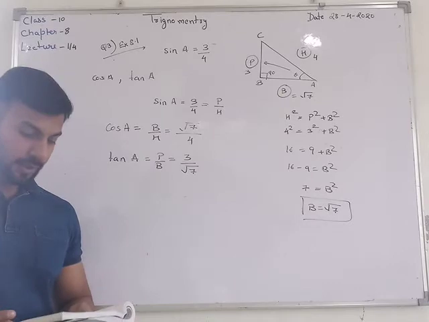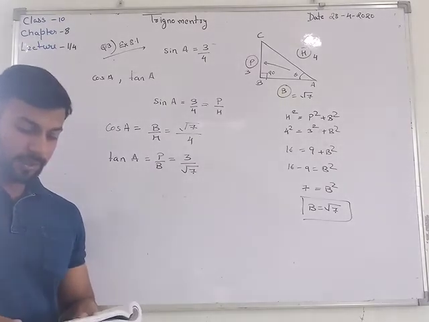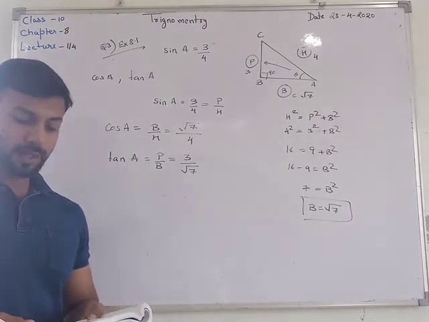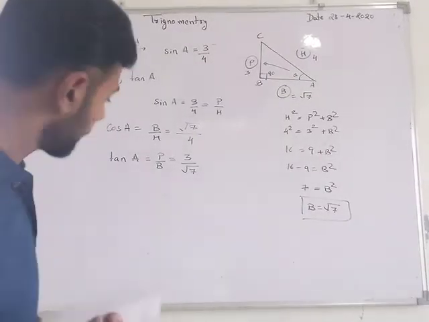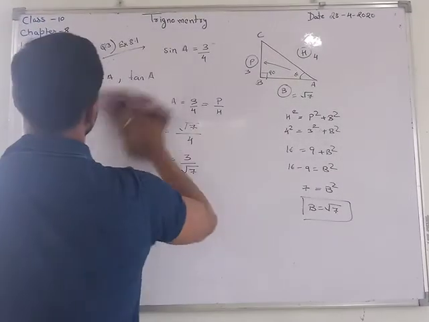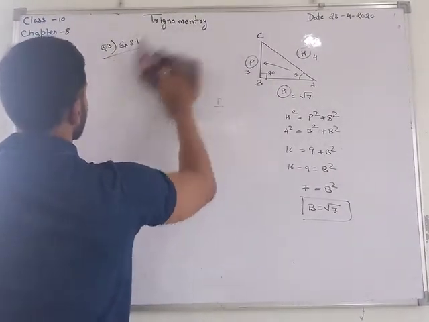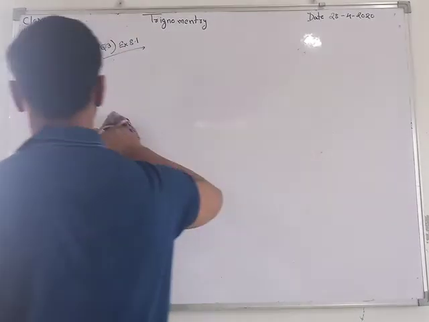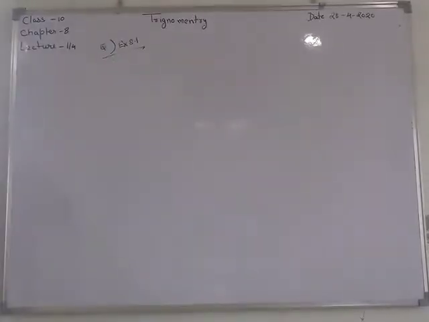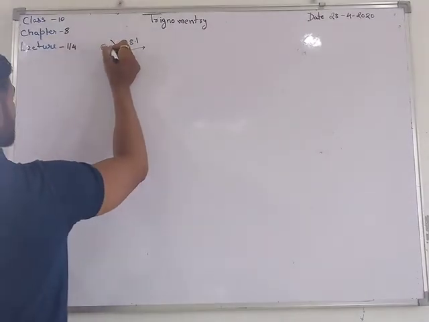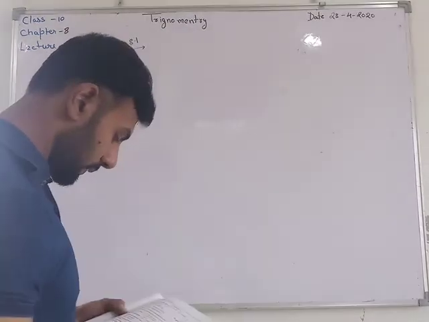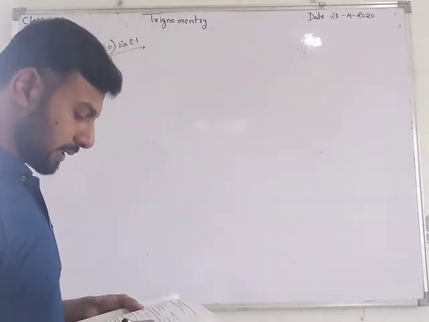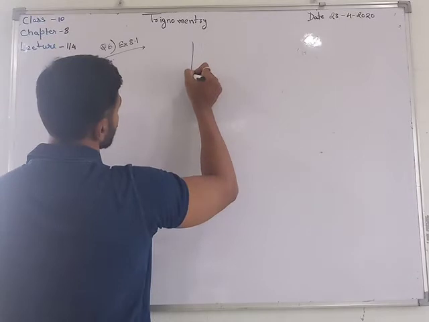Question number 6 of exercise 8.1. If angle A and angle B are acute angles such that cos A is equal to cos B, then show that angle A is equal to angle B. First let's make a right triangle.